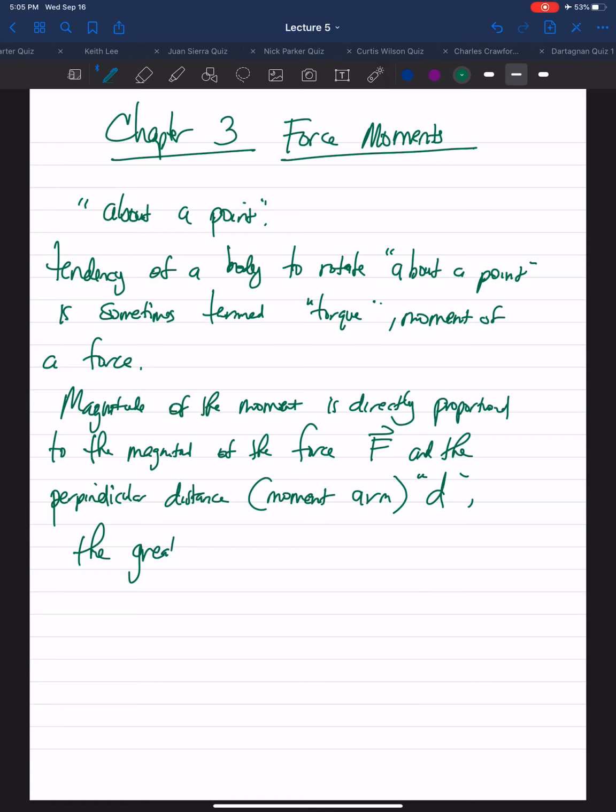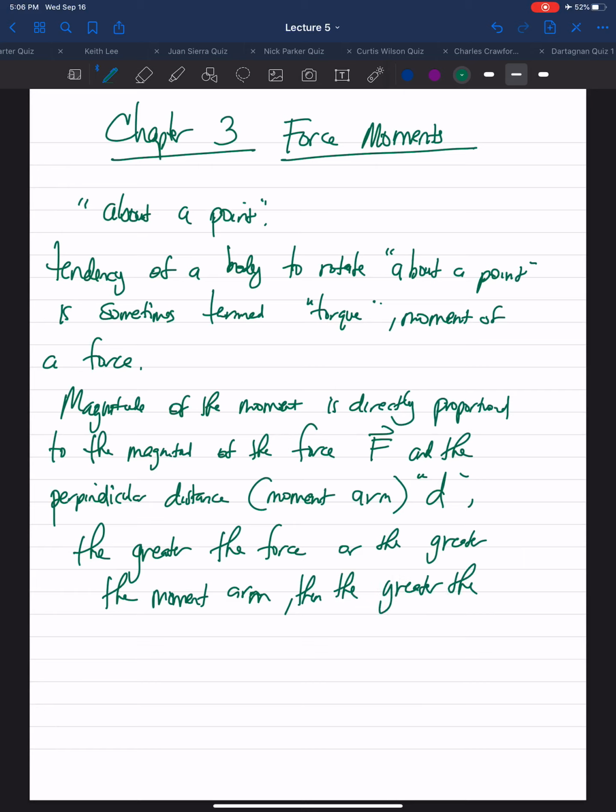The greater the force, or the greater the moment arm, then the greater the moment or turning effect or rotating effect.